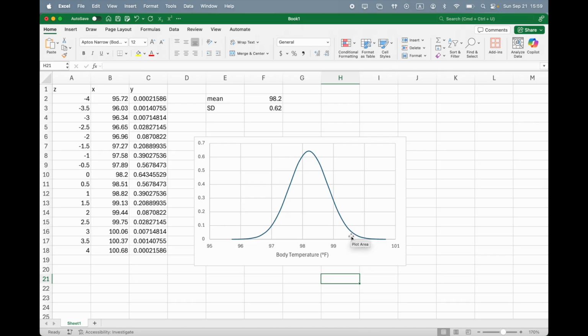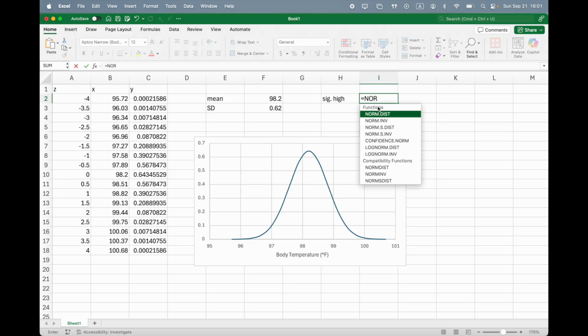So a question we have, I think that we were doing in the assignment, was at what point along this curve might a body temperature be considered significantly high or significantly low? Now let's say again, we'd like to find a value that would be considered significantly high, a statistically significant fever, you might say. So to do this, we don't need to convert between z and x values again because we're using wonderful computers.